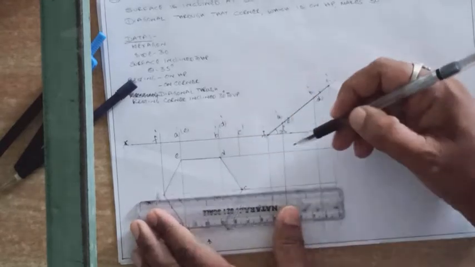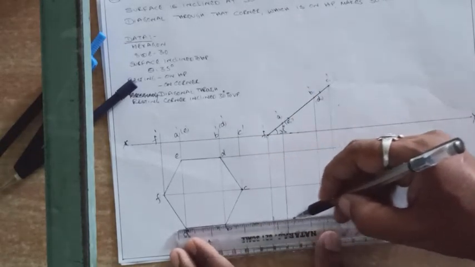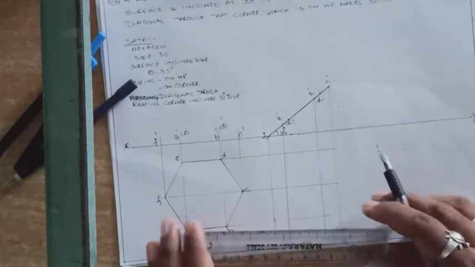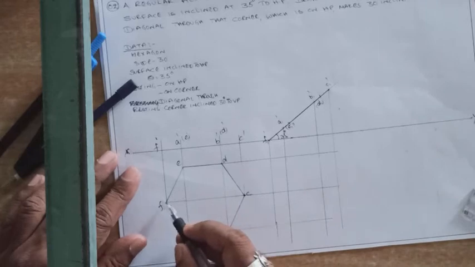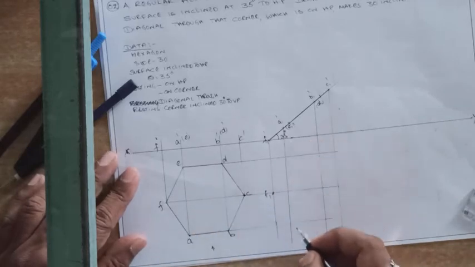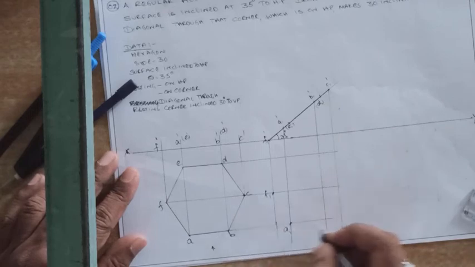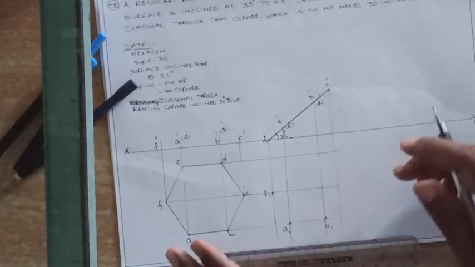Don't draw separately, all the points will coincide here. Same line, right. Now look at the points here. F horizontal, F vertical, F1, A horizontal, A vertical, A1, B horizontal, B vertical, B1. Little not parallel line.